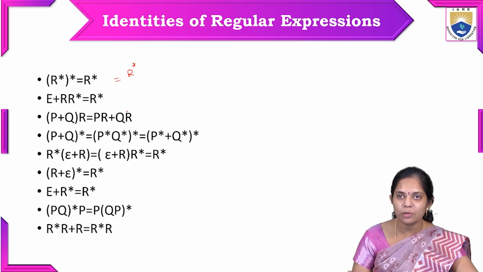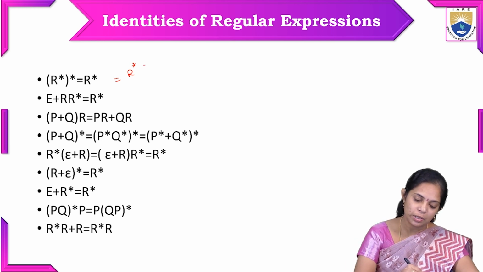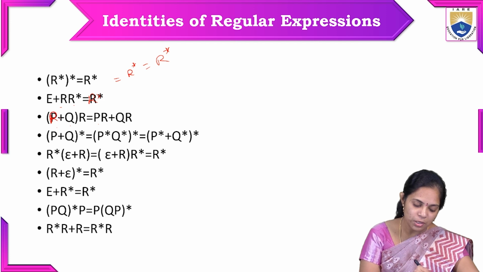So how many times is the closure performed on the regular expression? It is equal to the one-time closure. And epsilon plus R star is equal to R star. And here P plus Q R is equal to PR plus QR, so we are performing the multiplication operation.